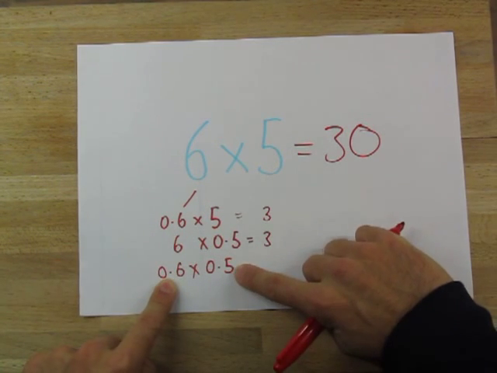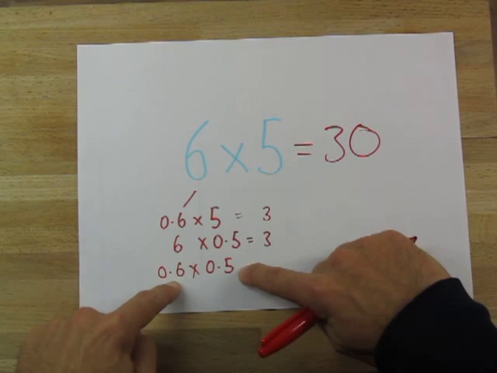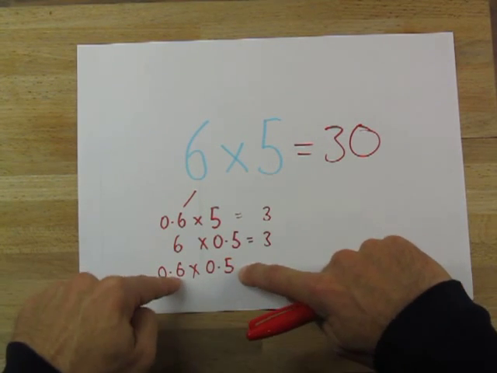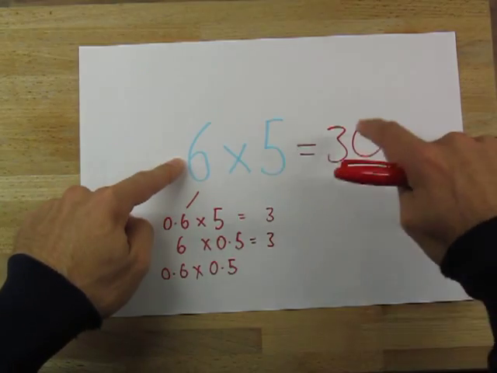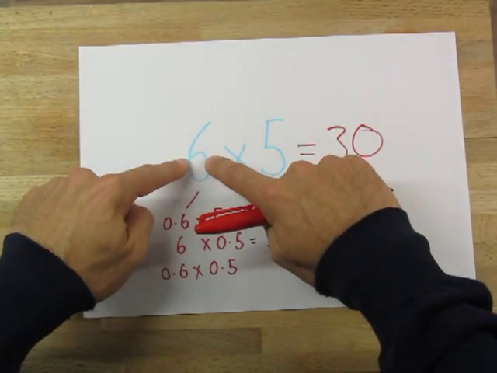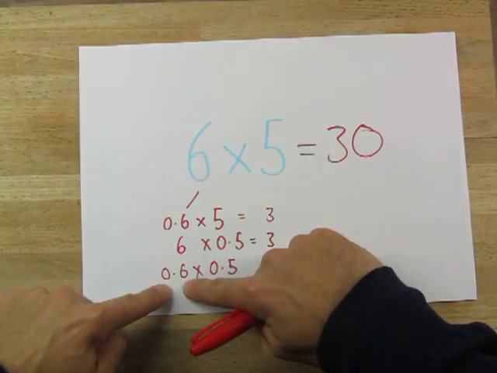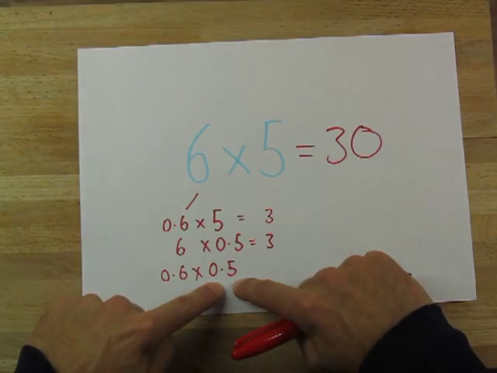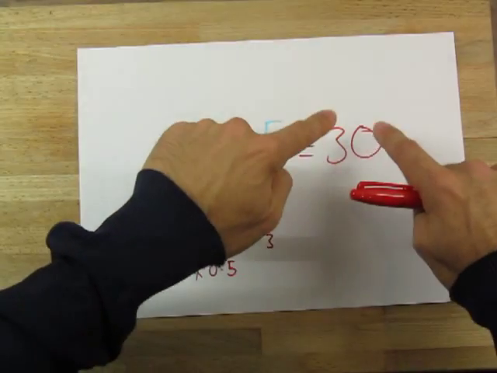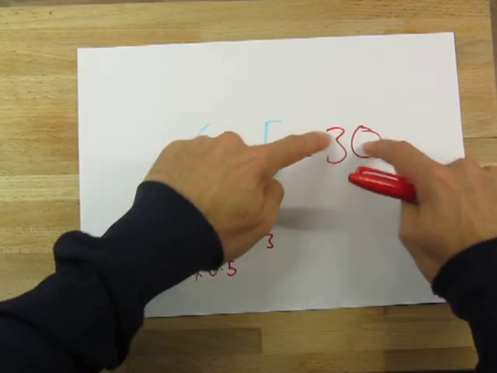0.6 times 0.5. So I'm thinking in my head, what times table facts do I already know that are going to help me work this out? Oh yeah, of course. 6 times 5 is 30. That's going to help me. Make this 10 times smaller. Make this 10 times smaller. Now you're going to have to make this 10 times smaller and then 10 times smaller again.